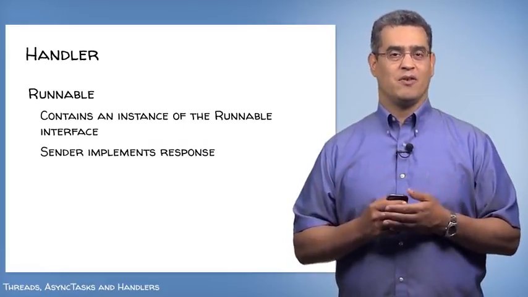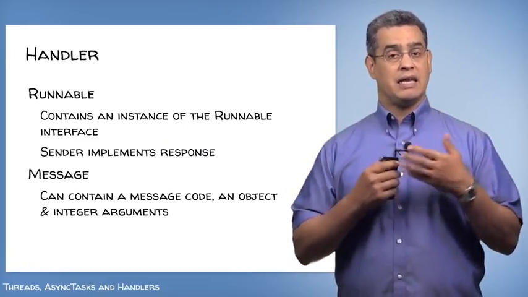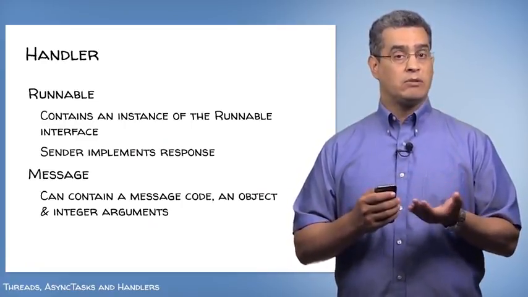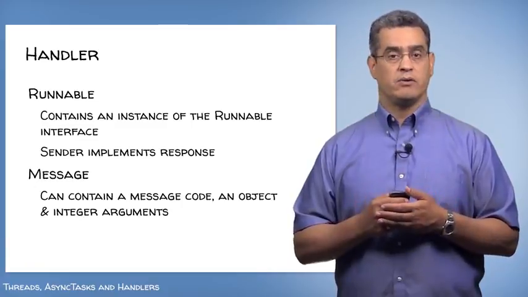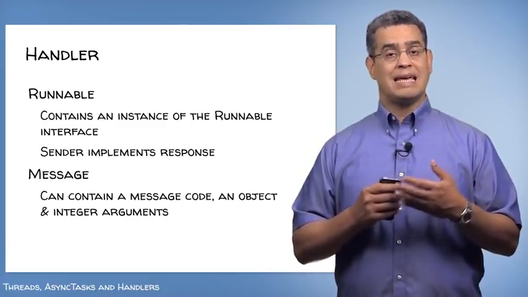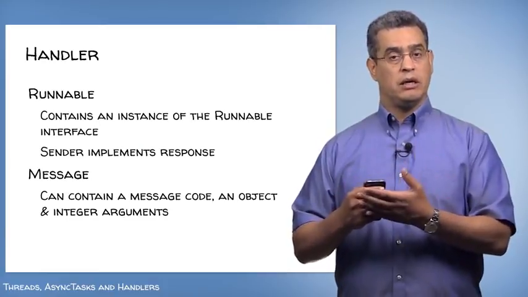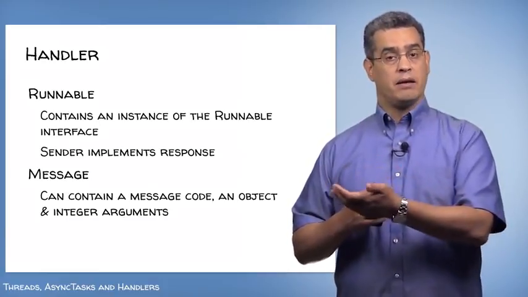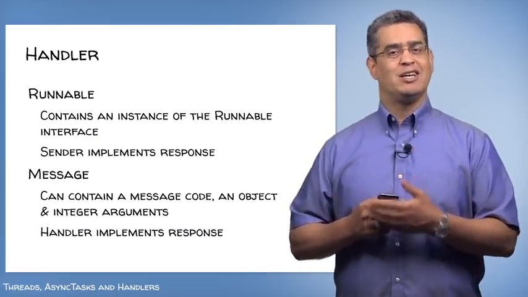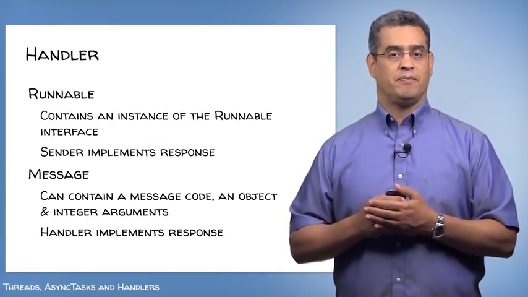A message, on the other hand, is a class that can contain data, such as a message code, an arbitrary data object, and some integer values. And you use messages when the sender thread wants to indicate an operation that should be done in another thread. But it leaves the implementation of that operation to the handler itself.